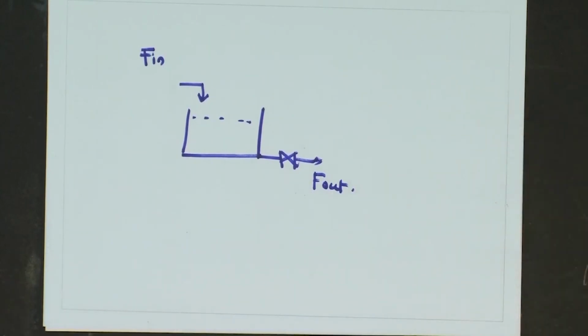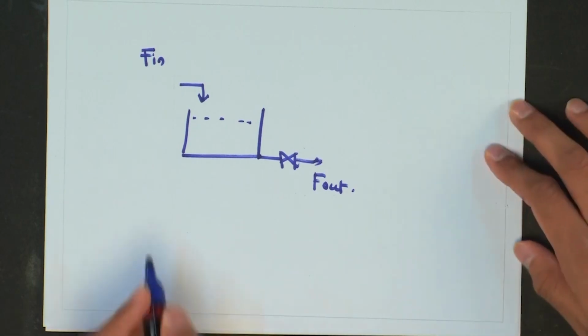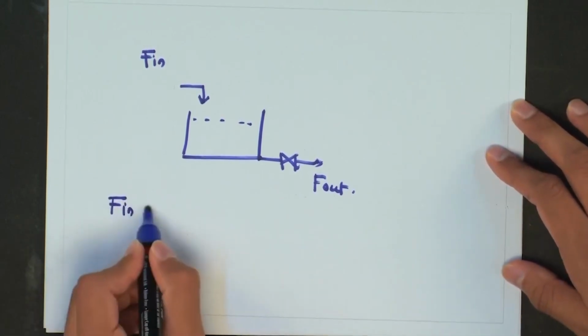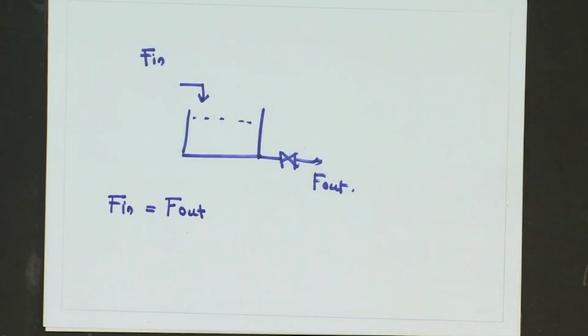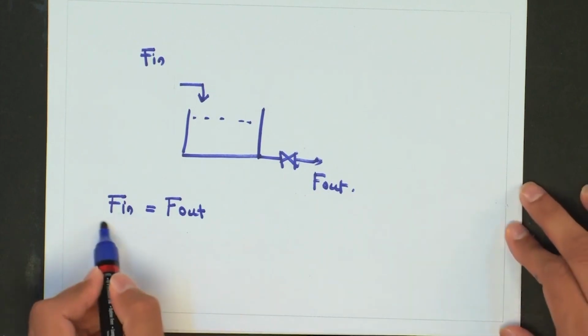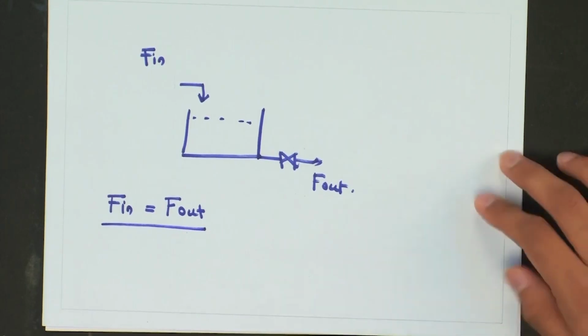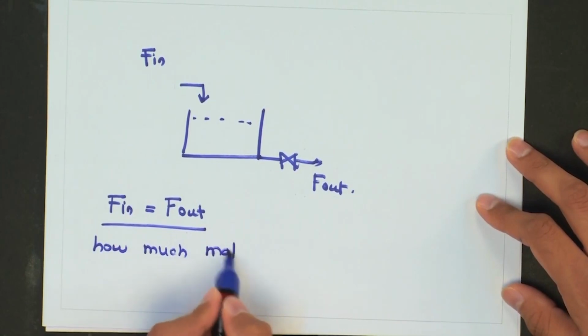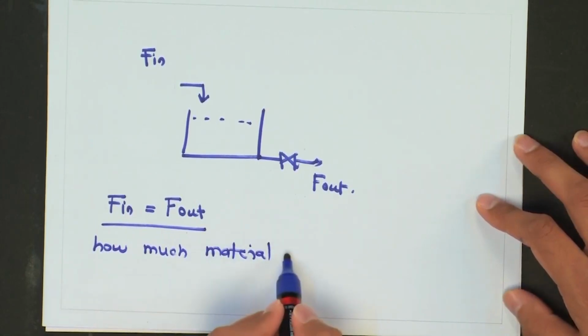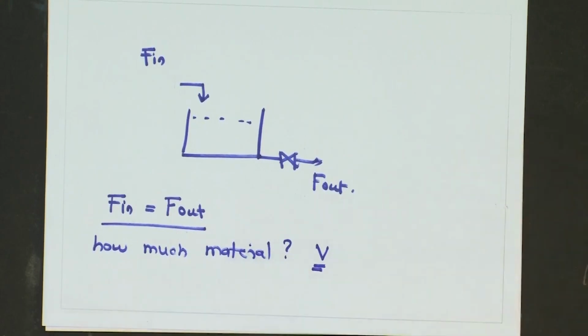When I say steady state of this system, or if I ask you to write the steady state balance for this system, what I get is F in is equal to F out, but this does not tell me how much material is in this tank.